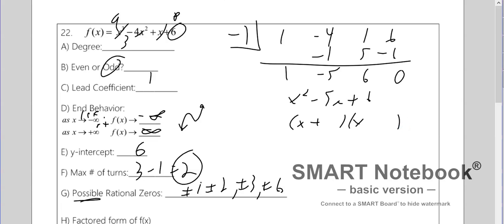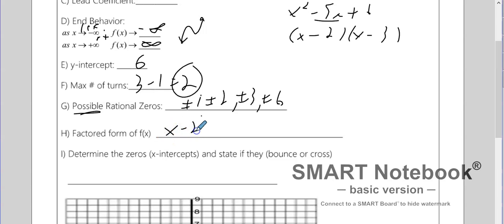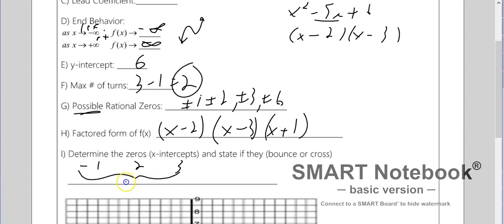Actually, I lied. Since the end is positive, they're both going to be the same. And since this is negative, they're both going to be negative. So my factored form is x minus 2, x minus 3, and don't forget that x plus 1. The zeros, -1, 2, and 3, and they all go through or across.